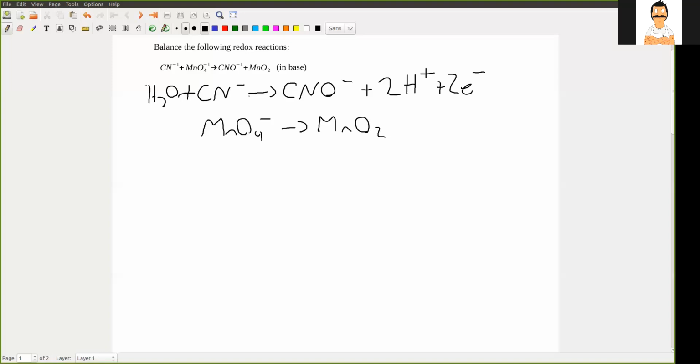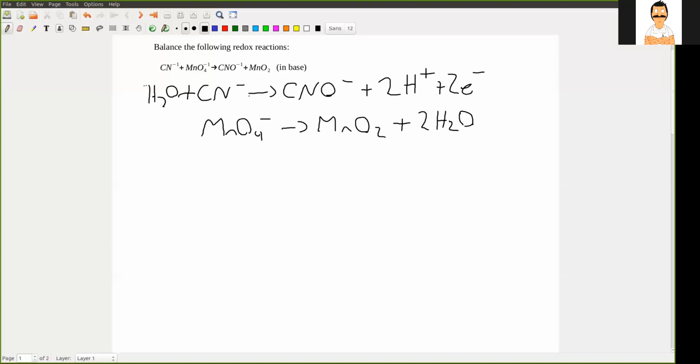We could do the same procedure on the reduction reaction, where we take, so let's see, we would take two waters on this side. So now our oxygens are balanced. We have 4 oxygens on either side.